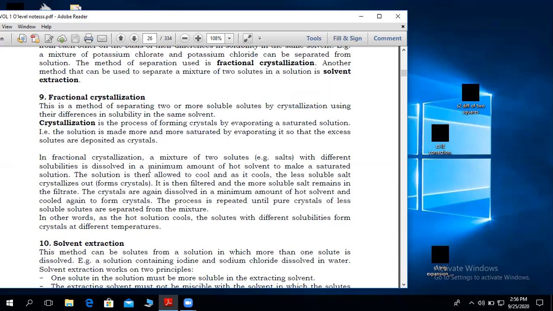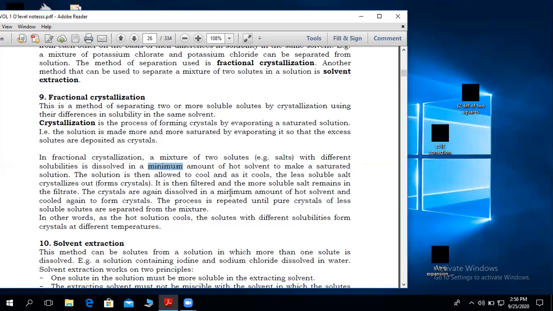That's what a saturated solution is; you make it by using a minimum amount of water. A saturated solution is a concentrated solution which cannot dissolve any more solute. It has enough solute that it can dissolve. So the solution is allowed to cool, and as it cools, it forms crystals.